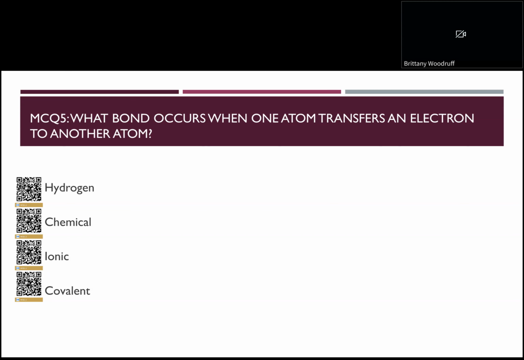And which one of these happens between water molecules? Hydrogen. All three of these are examples of chemical bonds, just different types. BTWN means between, that's my abbreviation for it.